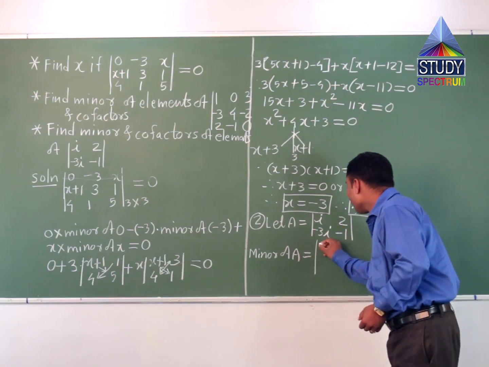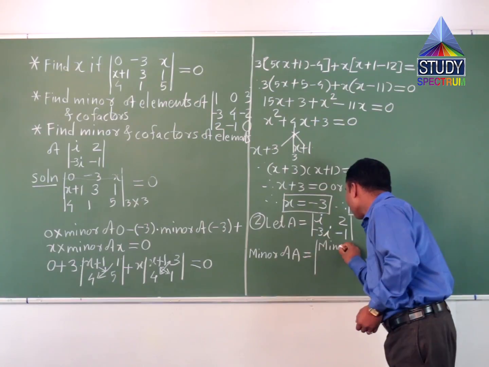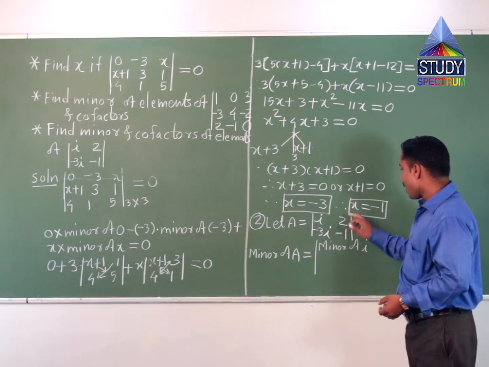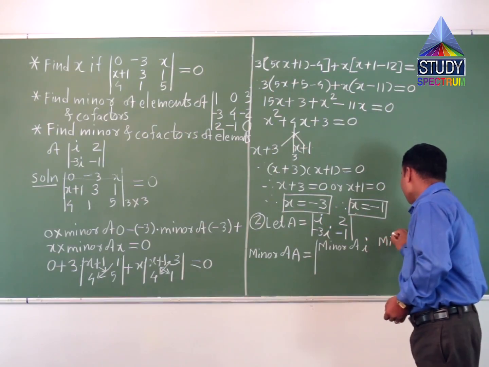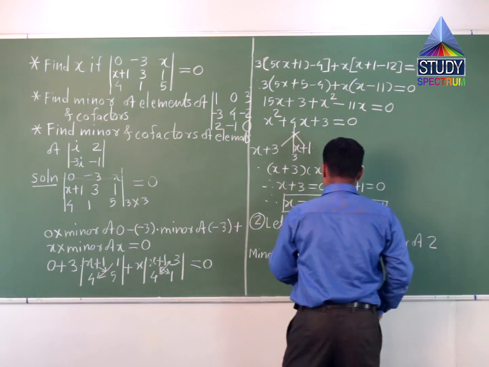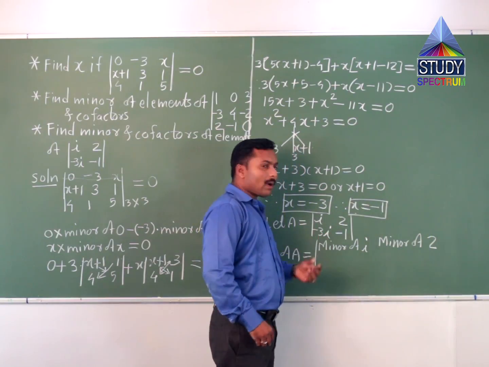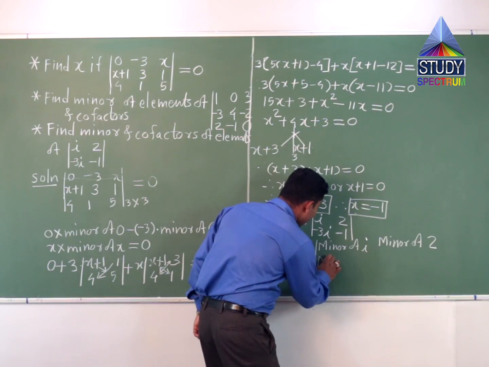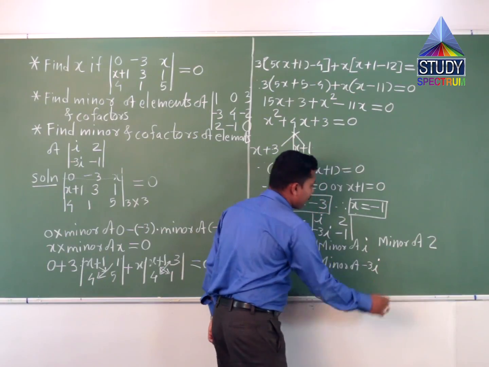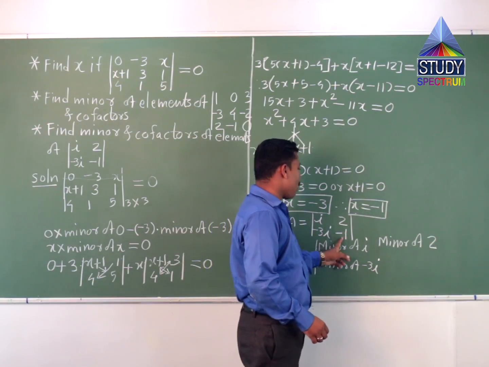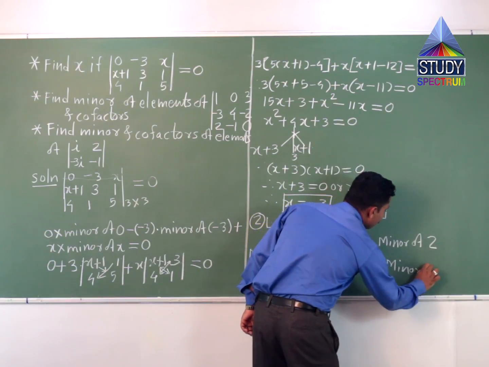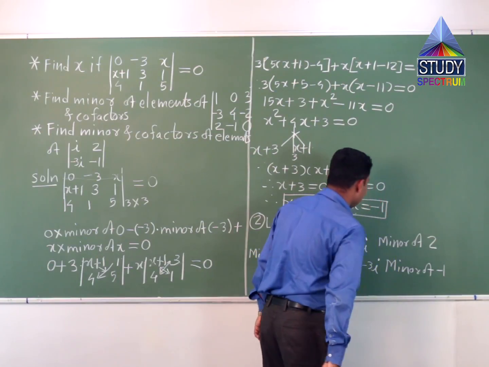First we find the minor of i, then we find the minor of 2, lastly we find the minor of -3i, and minor of -1.